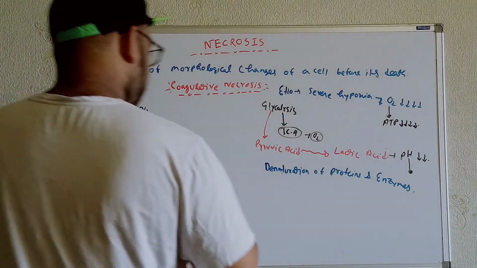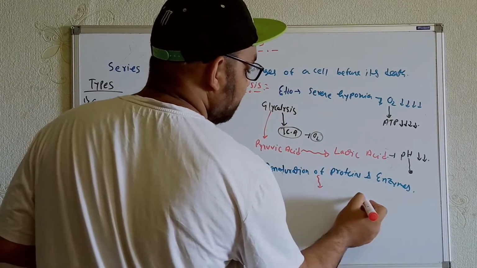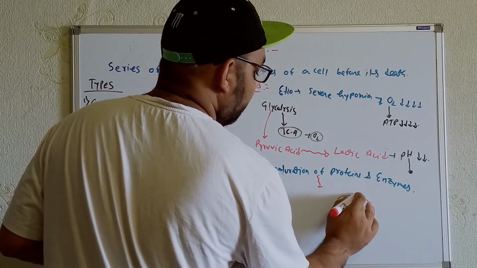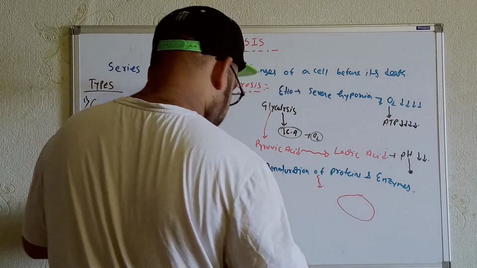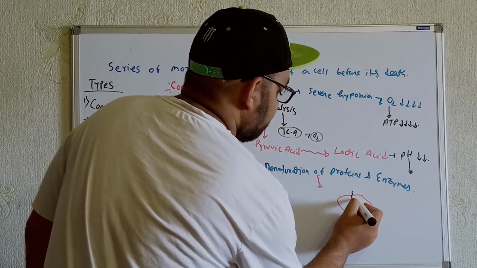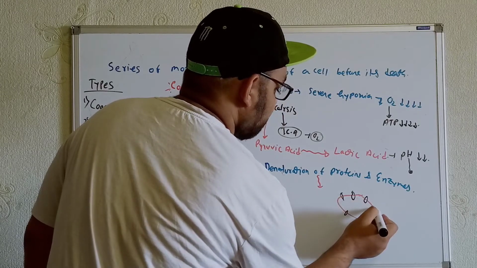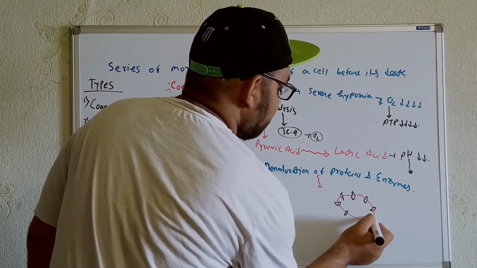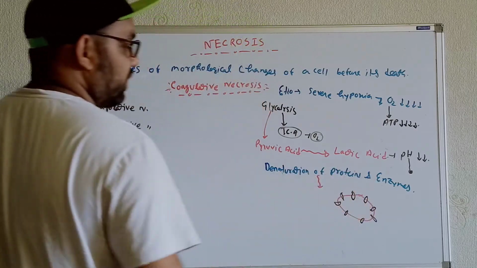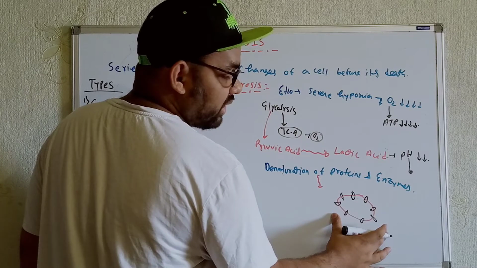Now see, whenever we see the denaturation of proteins and enzymes, for example in the cell, within the cells there are surface proteins. Whenever we see this denaturation, this surface protein will get coagulated.